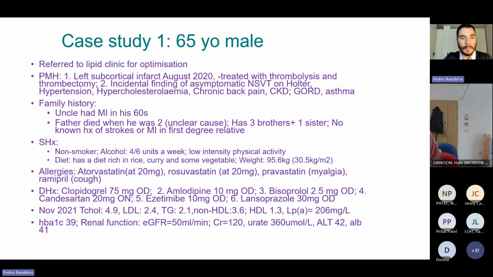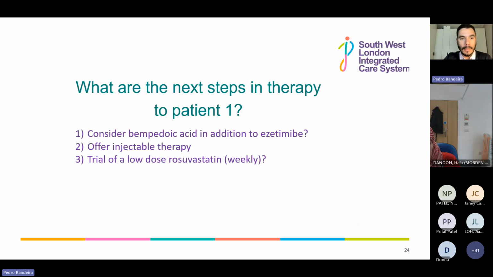Initially, in 2021, we noticed his total cholesterol was 0.9, LDL was 2.4, and HDL was normal, eGFR was 50, and slightly raised urate. The patient was started on therapy, bempedoic acid and ezetimibe.